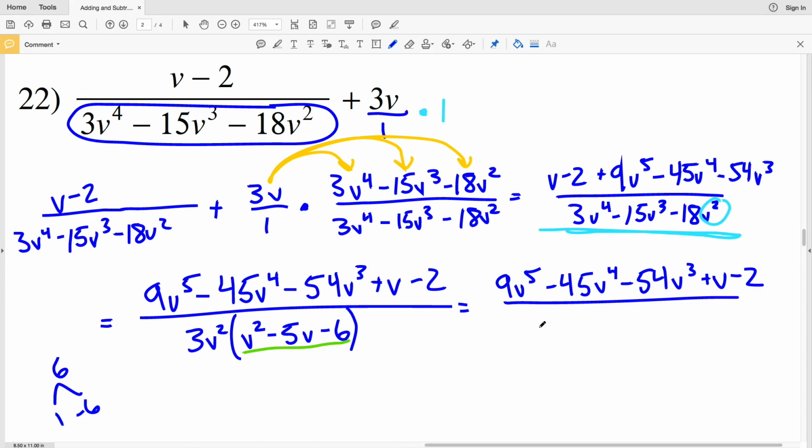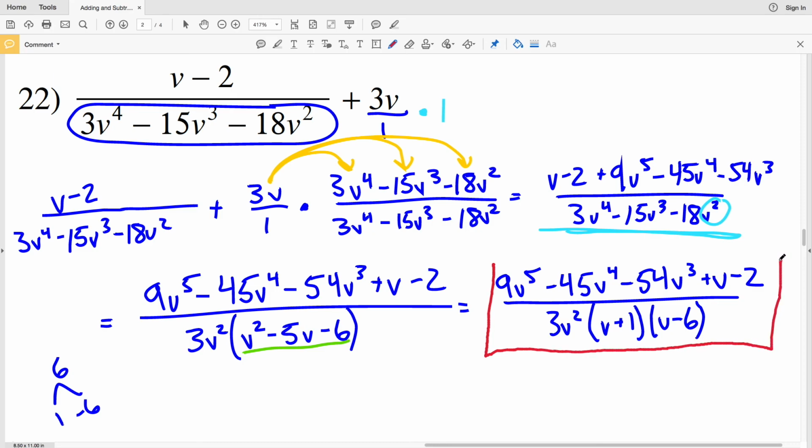So in total, in my denominator, I'll have 3v squared times v plus 1 times v minus 6. So 9v to the fifth minus 45v to the fourth minus 54v cubed plus v minus 2 all over 3v squared times v plus 1 times v minus 6 is my solution in number 22.